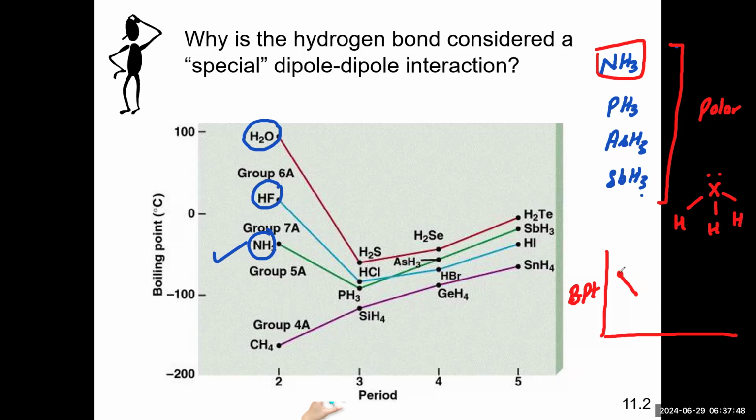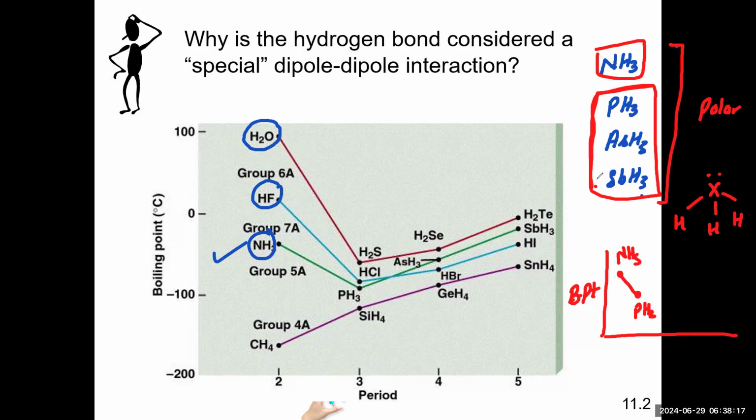This is ammonia here, NH3. Then this one is PH3. But after PH3, what can I compare? After PH3, you compare LDFs because polarity is nearly the same. They all are polar, so dipole-dipole. So you compare the LDFs.